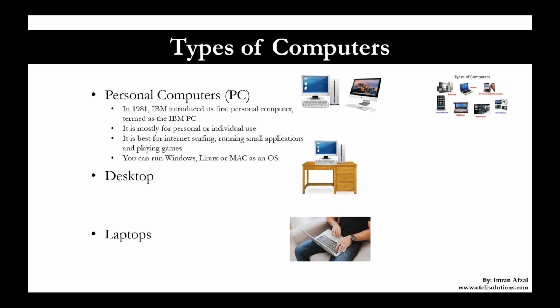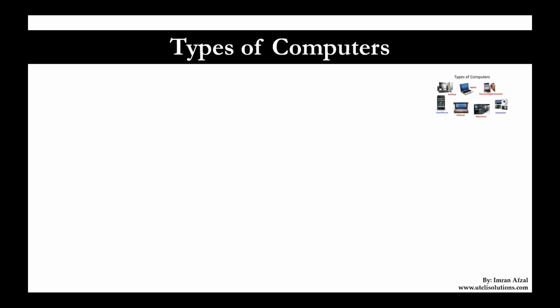You could take the laptop with you wherever you go, and all you have to do is simply open up the laptop, put it on your lap, and perform any functions that you want a computer can offer. Once again, desktop and laptops, they are both personal computers. All right, then we have the workstations.